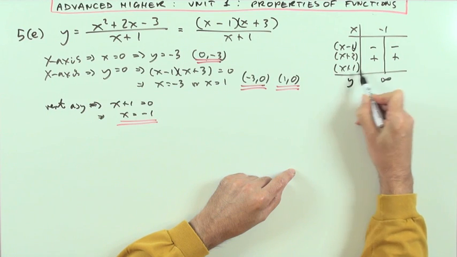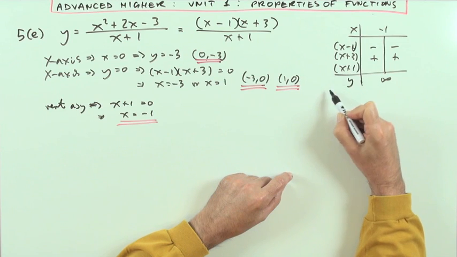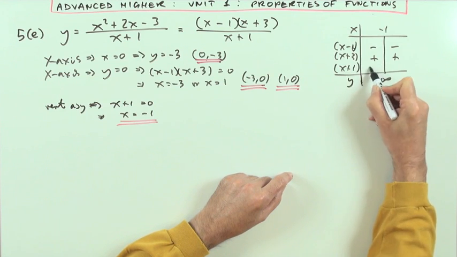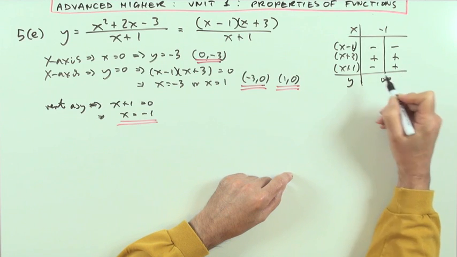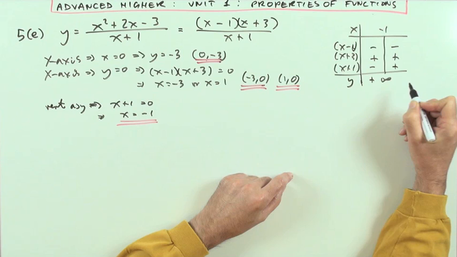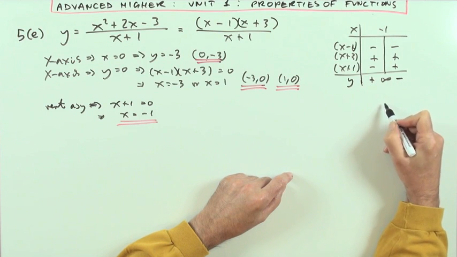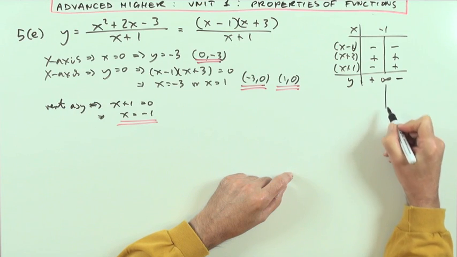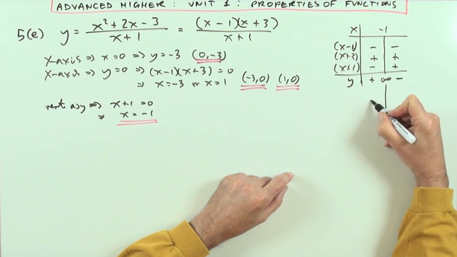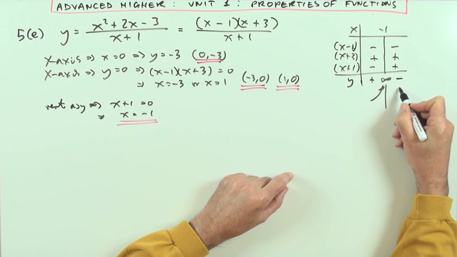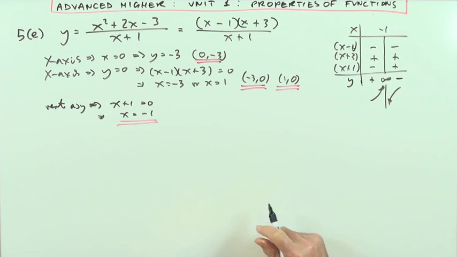But here it's sensitive, at negative 1, that's when that term becomes 0. Put it onto this side, it'll be negative, on that side it'll be positive. So what that says is, it's going to be positive on that side and negative on that side, so that's the way it's heading off then. Which means on this side it's going up towards infinity, and this side is going down towards negative infinity.